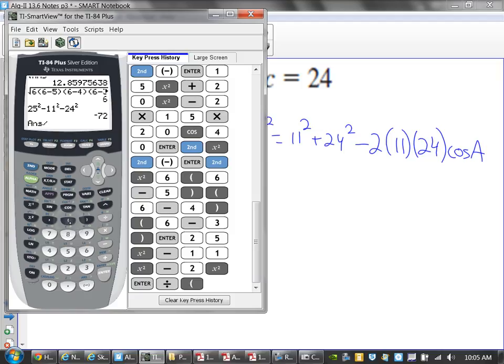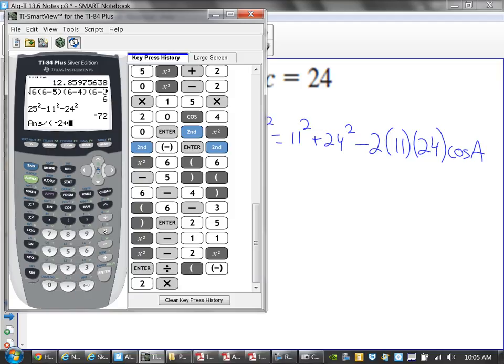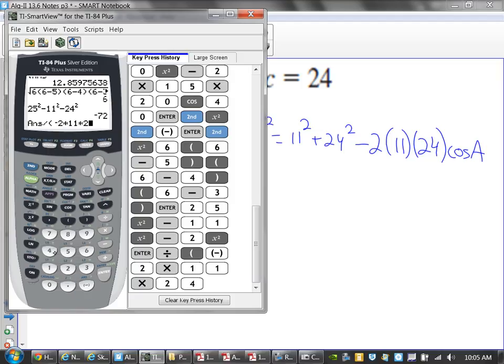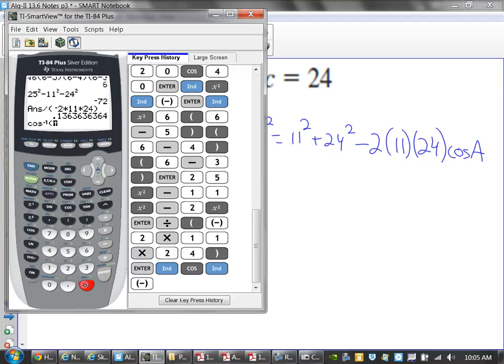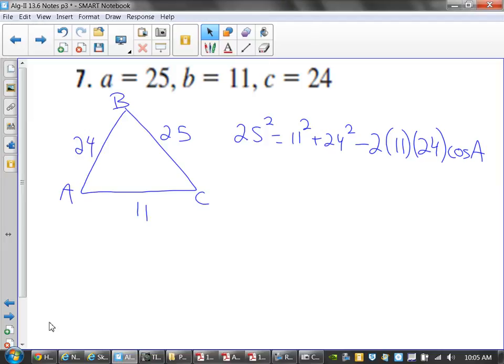Divide it out by your negative. Inverse your cosine. 82.16. That is an acute angle, correct?